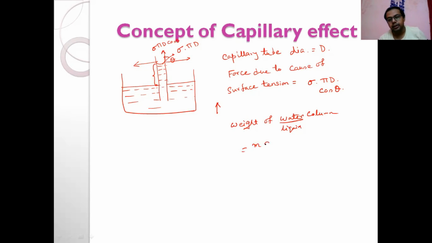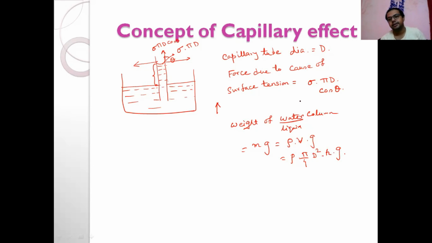Weight is mass into G. What is the mass of this liquid? Density into volume. What is the volume of it? This liquid column is pi by 4 D square, the cross-section area, into height.